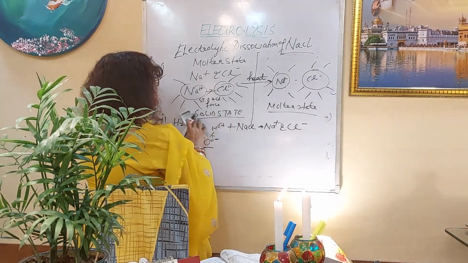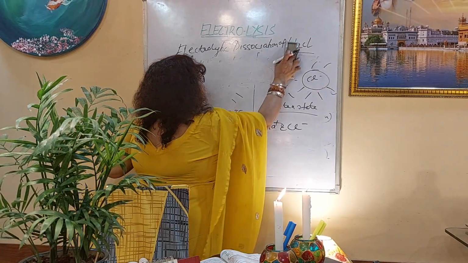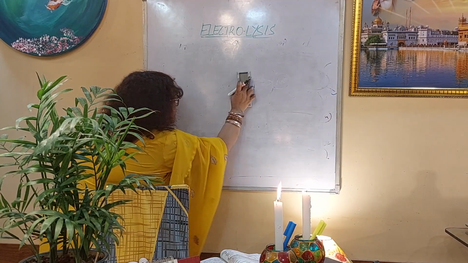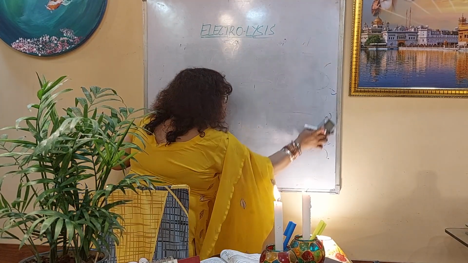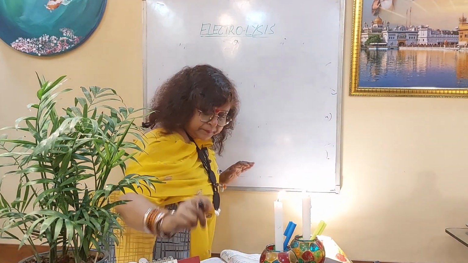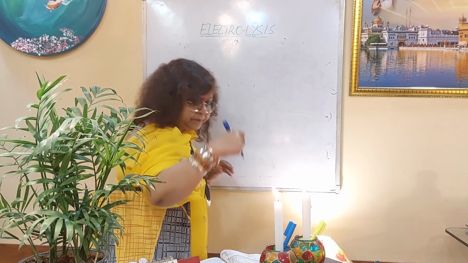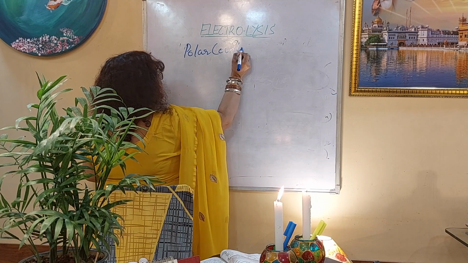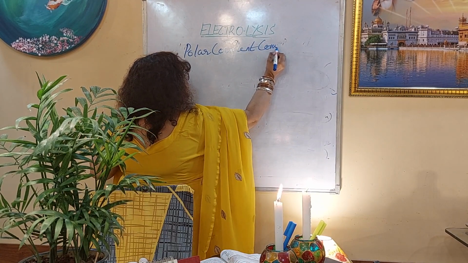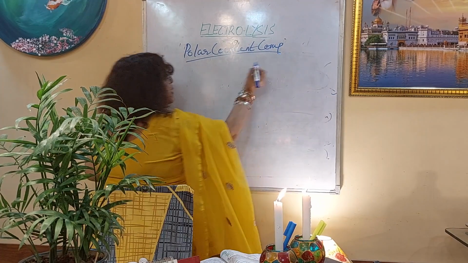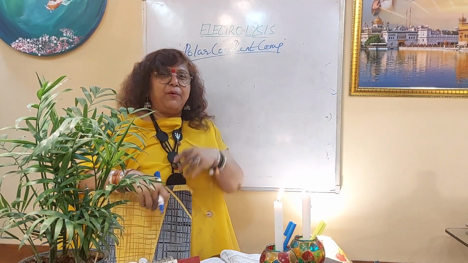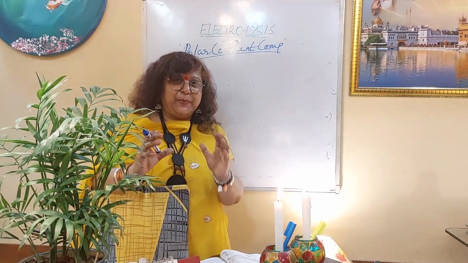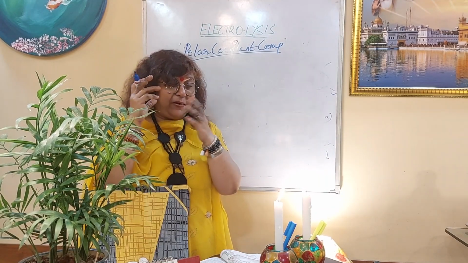You will take HCl. A polar covalent compound, something which has polarity. In chemical bonding, if you remember, there are polar and non-polar covalent compounds, if you recollect.